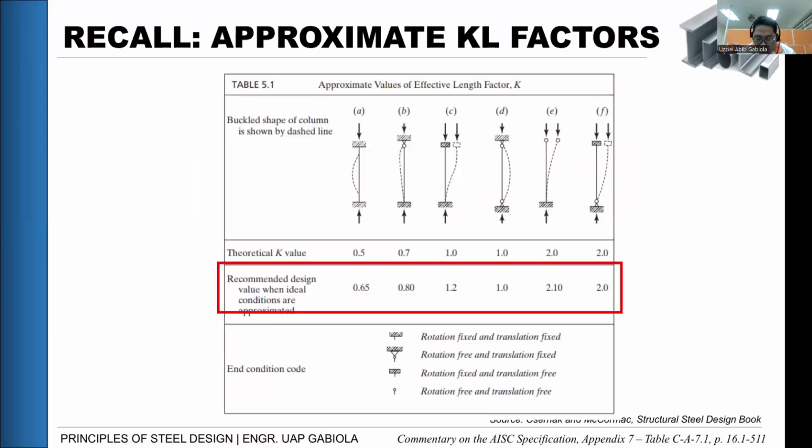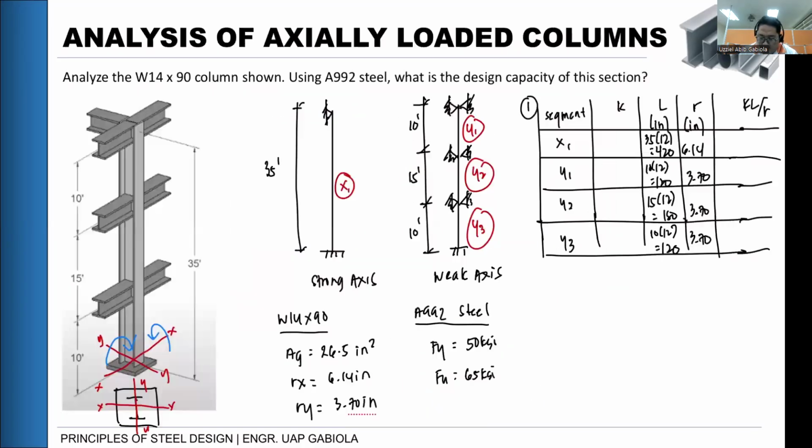So, case ano yun? That is case B, no? We have pin tsaka fix. Kailangan natin is yung recommended, so that is 0.8. Okay? So, this is 0.8.